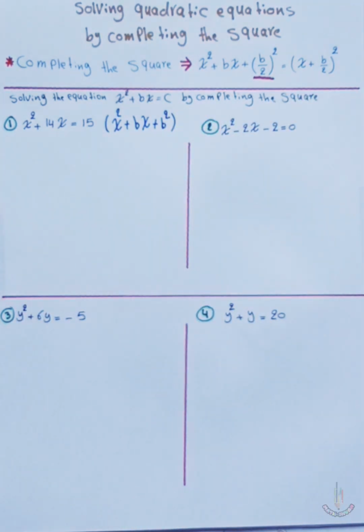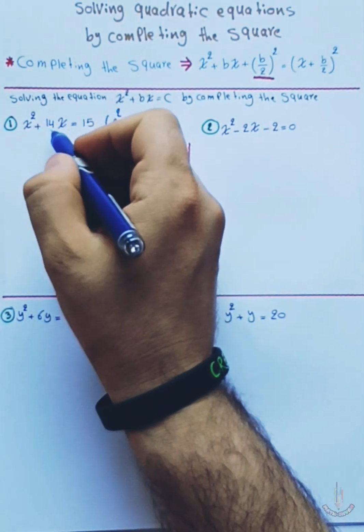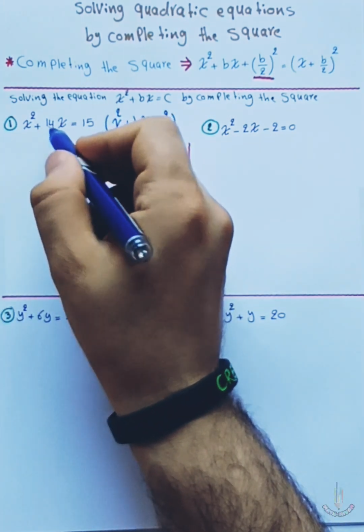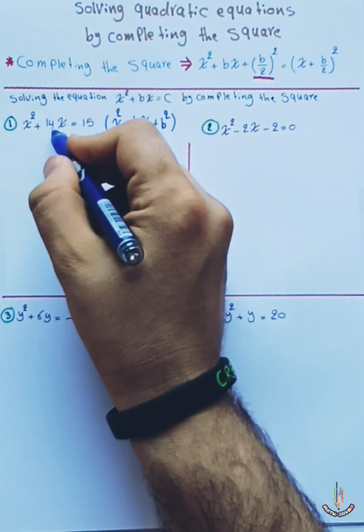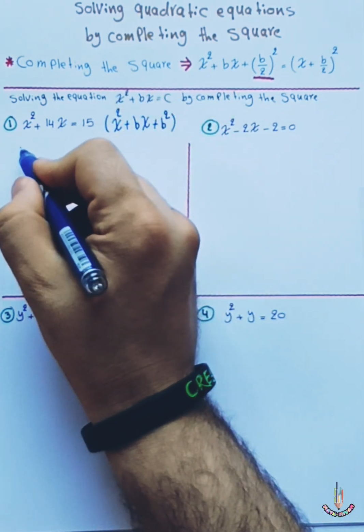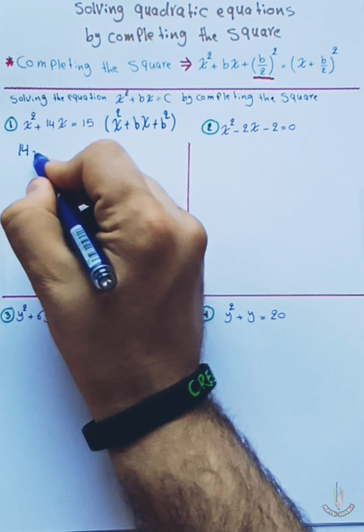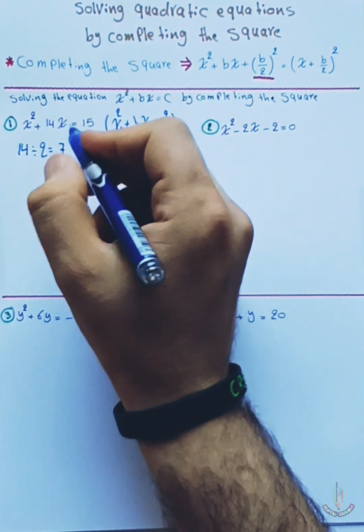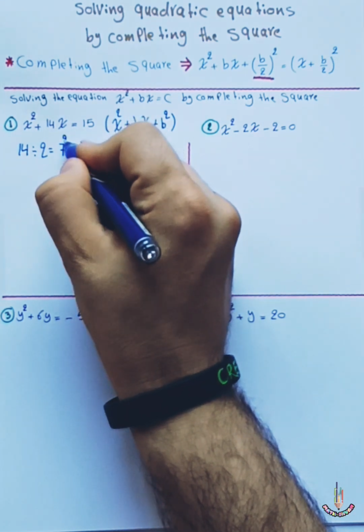To find the value for b squared, we take the b in this equation, which is 14. We have to divide 14 by 2 and then square it. So 14 divided by 2 is 7, and then you square 7.